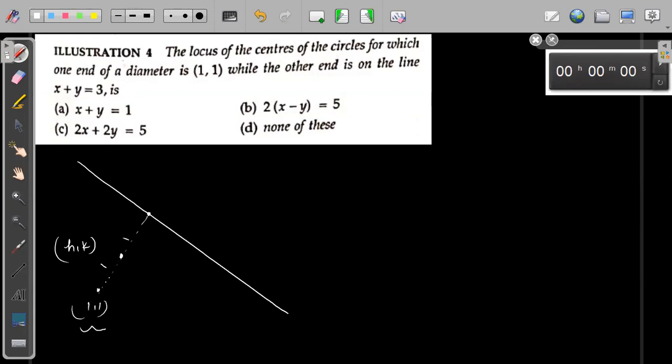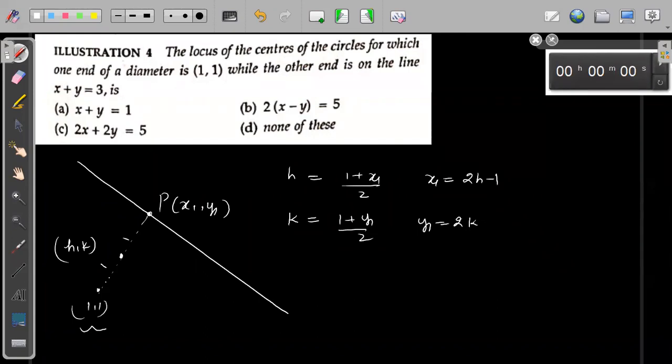One end is 1 comma 1, and the other end point let's take as x1, y1. So h equals 1 plus x1 by 2, so x1 equals 2h minus 1. And k equals 1 plus y1 by 2, so y1 equals 2k minus 1.